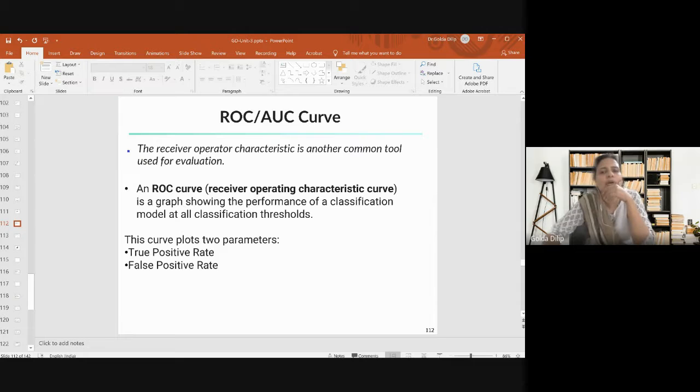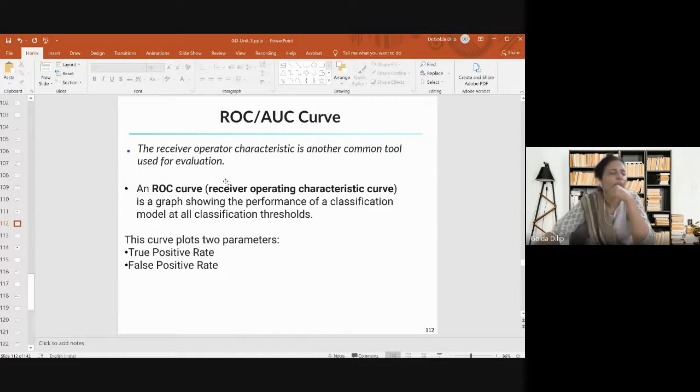Then next is another concept called the receiver operating characteristic curve and area under the curve, ROC and AUC. This ROC, receiver operator characteristic, is yet another common tool for evaluation.